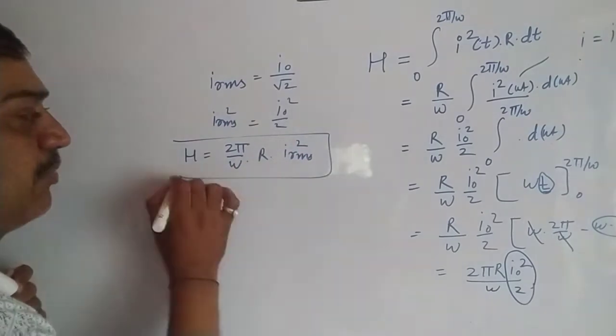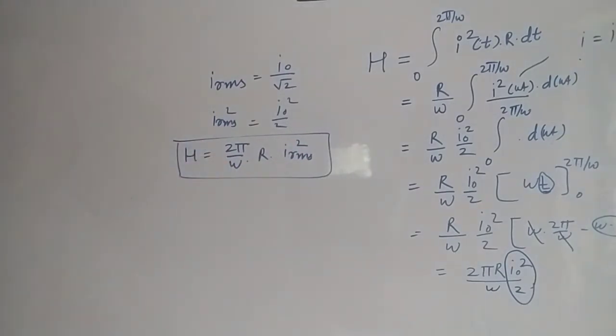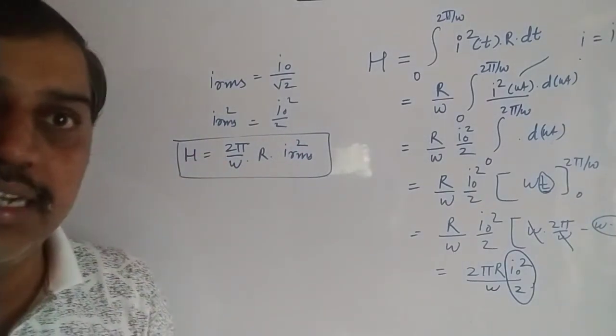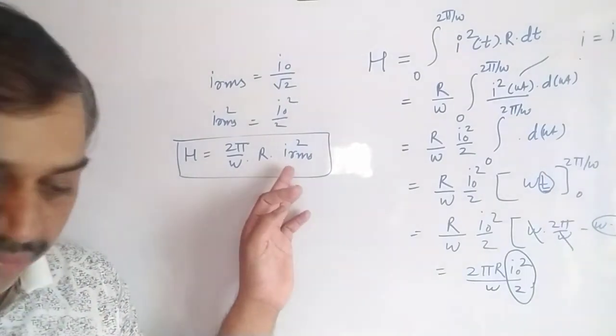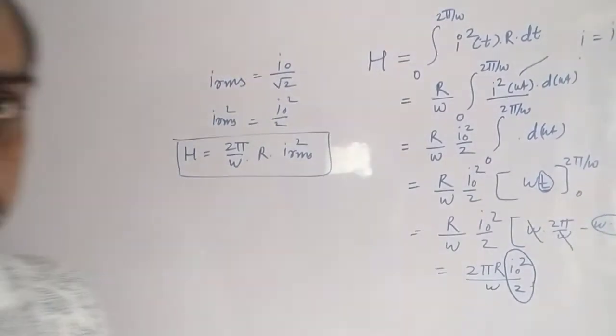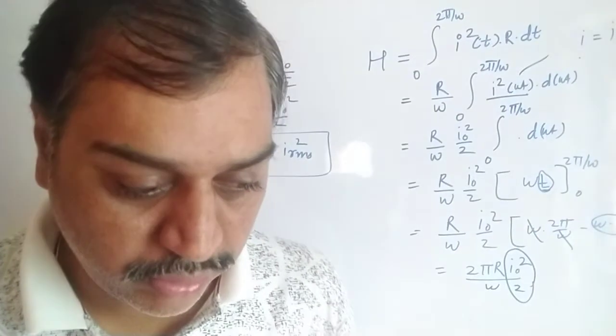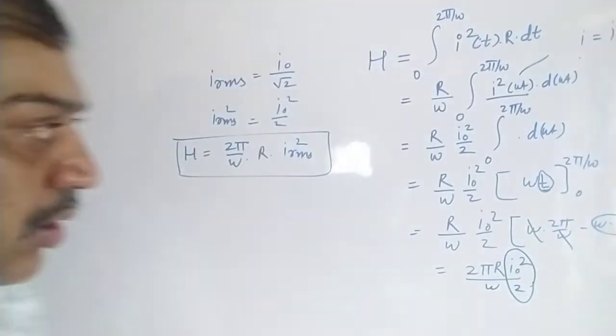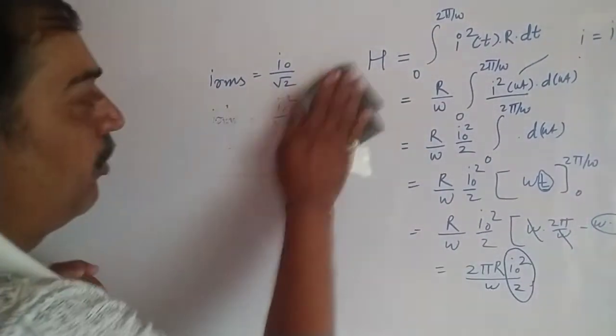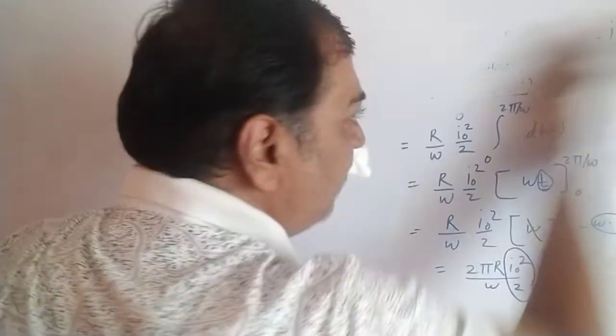So this heat is produced when passing an AC current as well as when passing a DC current equal to the RMS value. I have drawn this according to the book. We have just derived this derivation.